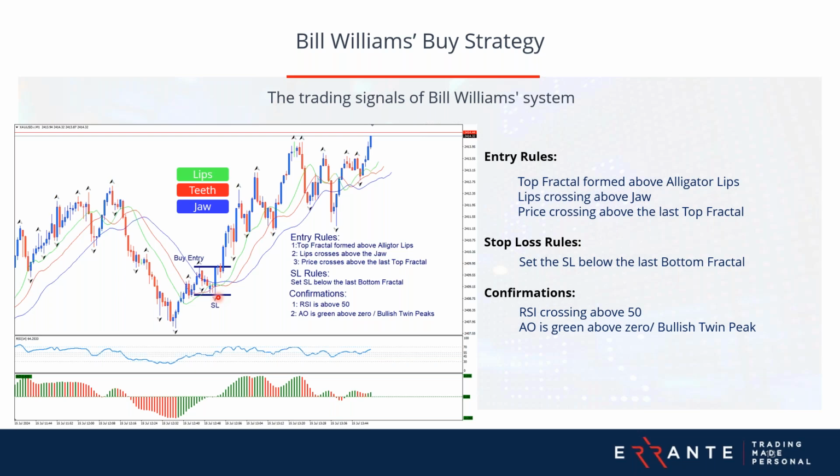So you can enter the market at the beginning of a trend with a smaller position size, according to your risk amount, and then you can increase your position after each bottom fractal forms above the alligator lips, and then you can add to your position.